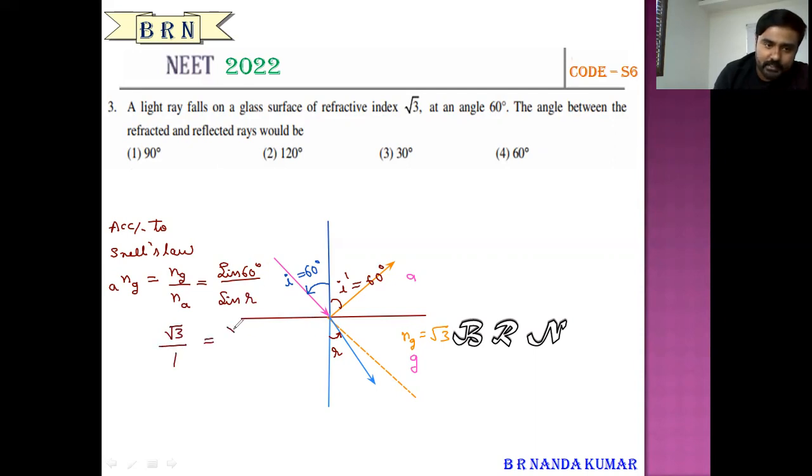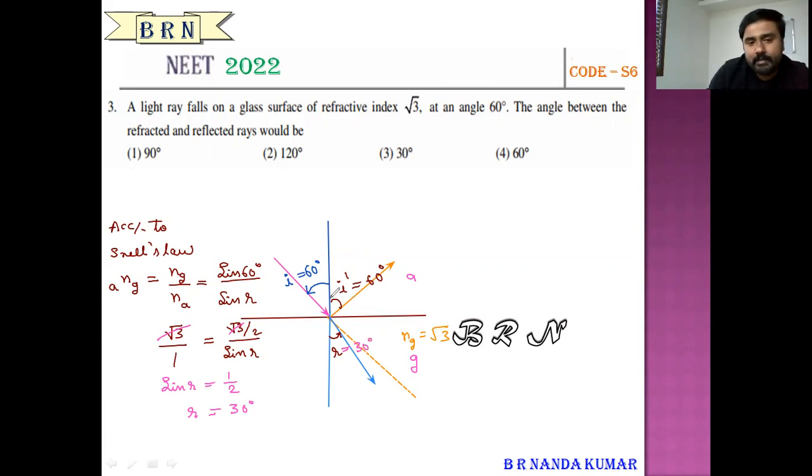Correct. Sine 60 degree ಅಂದ್ರೆ √3 divided by 2, divided by sine R. ನೋಡಿ, √3 ಇಲ್ಲಿ ಕ್ಯಾನ್ಸಲ್ ಆಗ್ಬಿಡುತ್ತೆ. So sine R is equal to 1 by 2, ಅಂದ್ರೆ R value 30 degree ಬರುತ್ತೆ. So angle of refraction is 30.